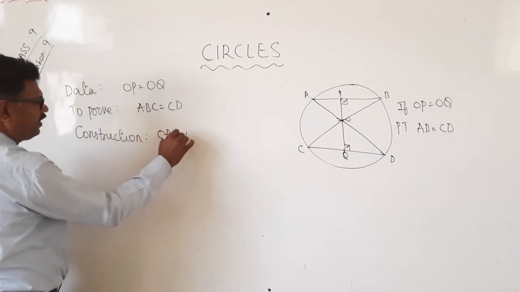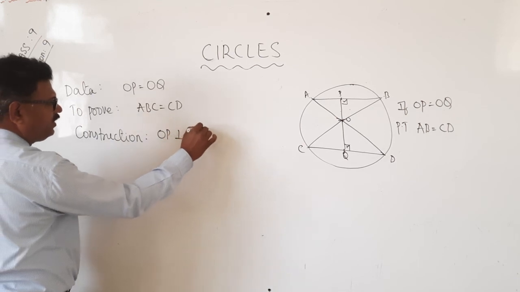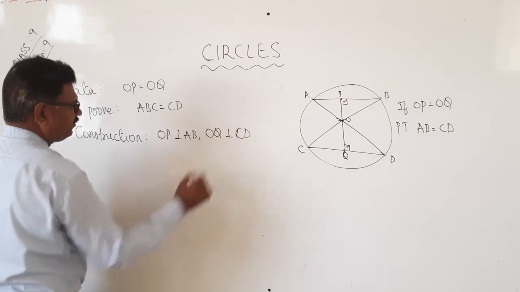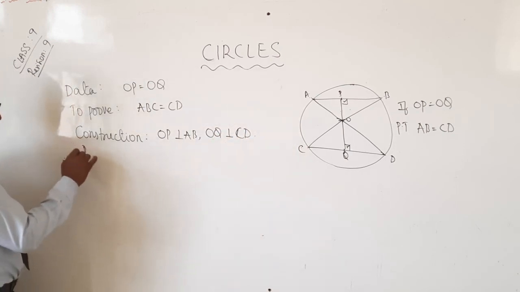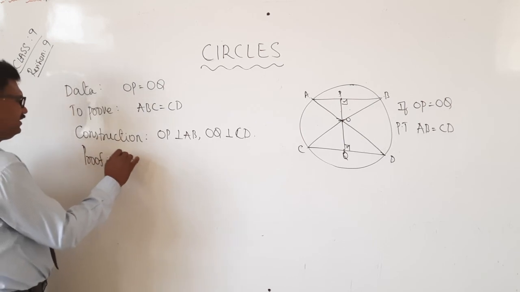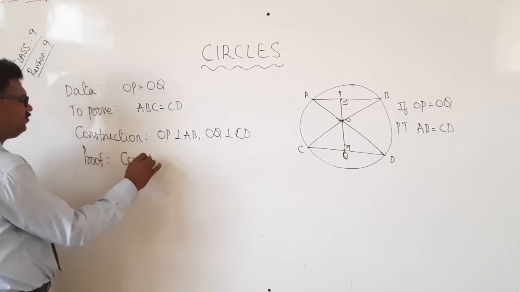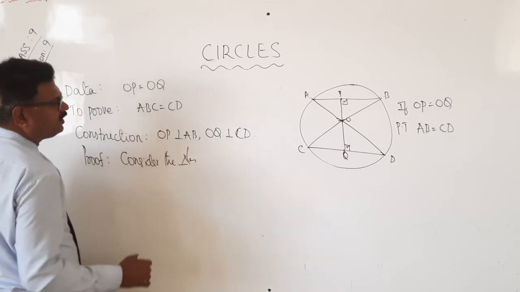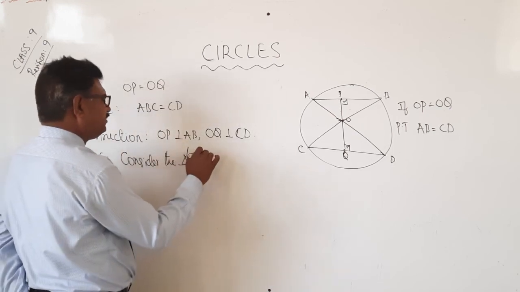OP perpendicular to AB and OQ perpendicular to CD. Okay na? Now proof. Consider the triangles, which are the triangles, anyone?